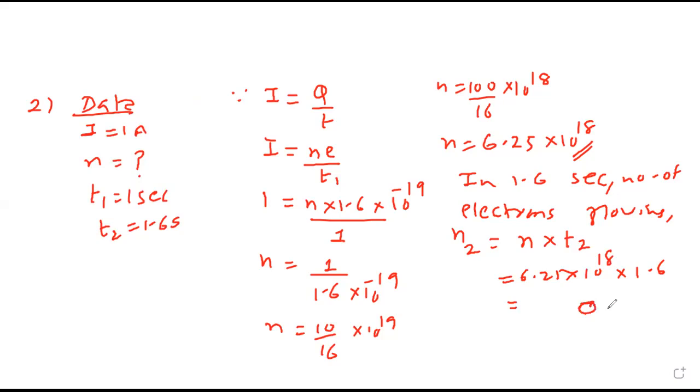So 0 carry 8, 32 and 8, 40, 96 and 4 is 100. After 3-digit decimal, into 10 raised to 18. That means 10 raised to 19 electrons. Solve. In 1 second, we got 6.25 into 10 raised to 18. In 1.6 second, multiply with 1.6.